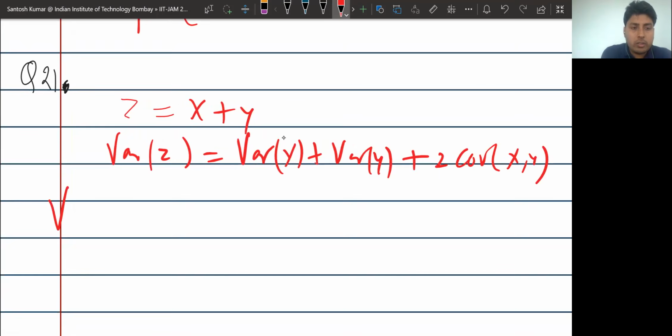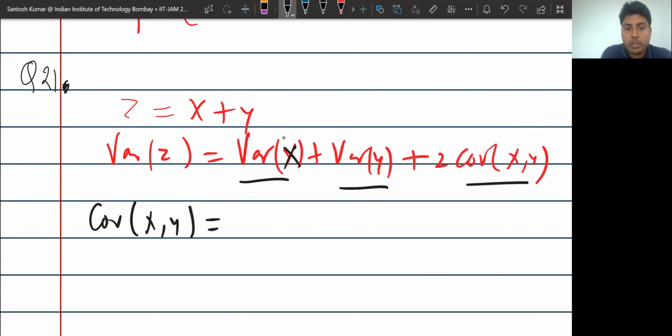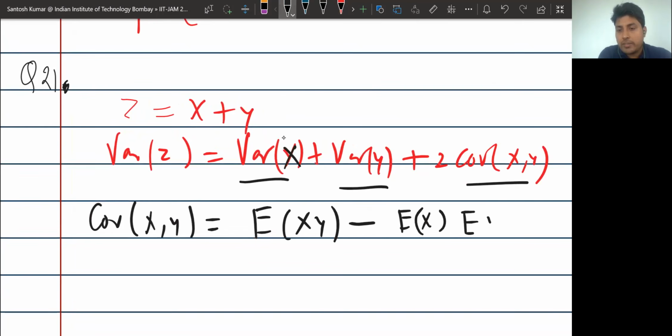So to find the variance of Z, we need variance of X, variance of Y, and covariance of X,Y. The formula for covariance is E[XY] minus E[X]E[Y].